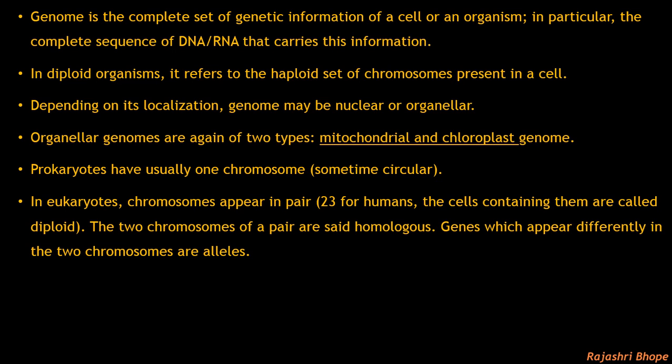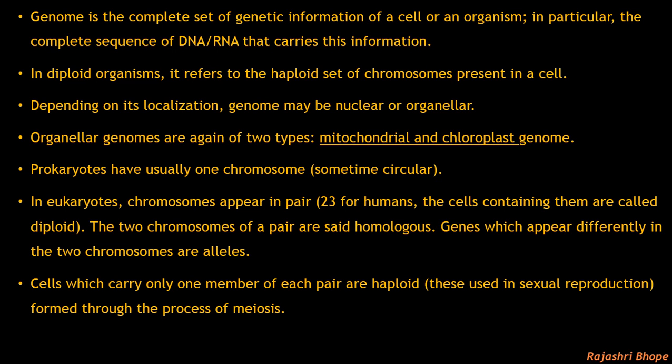The genes which appear differently in the two chromosomes are called alleles. Alleles are different forms of genes present on these two homologous chromosomes, one from the mother and one from the father. Cells which carry only one member of each pair are haploid. These are used in sexual reproduction.